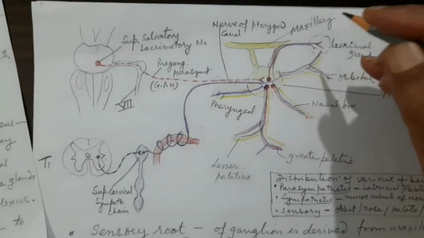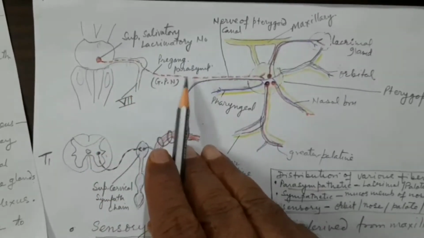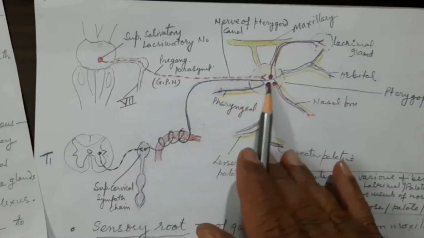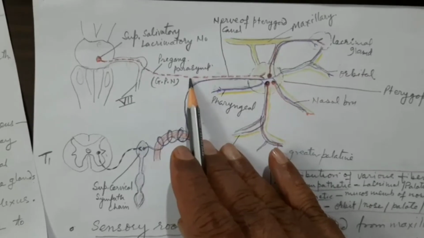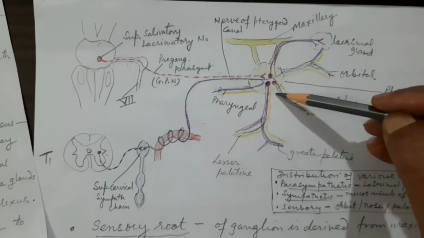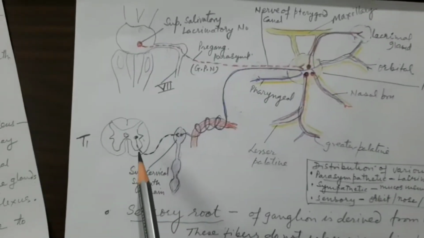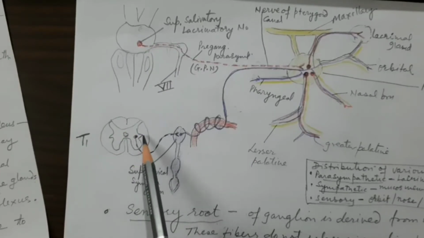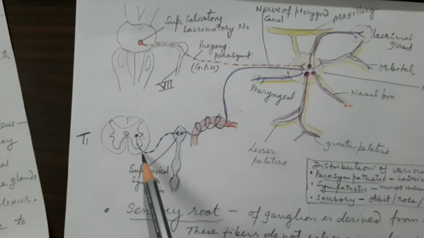Now, the second root is shown in red, and this is the parasympathetic. Wherever the parasympathetic is there, the preganglionic fibers are shown in the dotted line, while the postganglionic fibers are shown in a continuous red line. Similarly, this is the third root, the sympathetic root, taking origin from the T1 level of the spinal cord from the lateral horn, where preganglionic sympathetic neurons are situated.